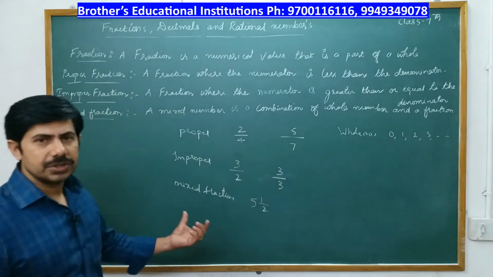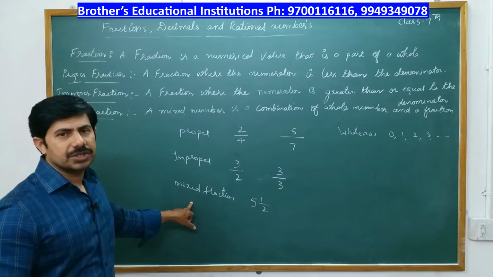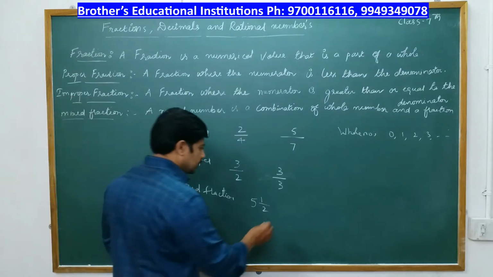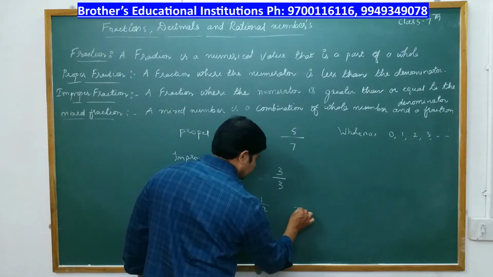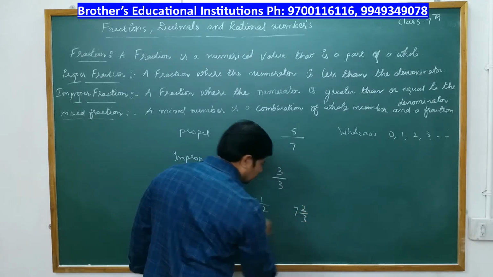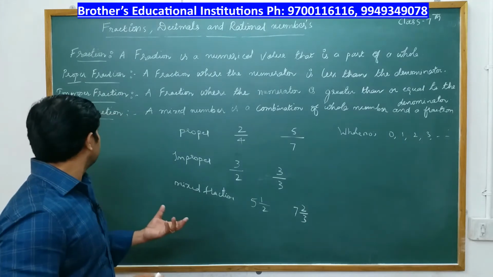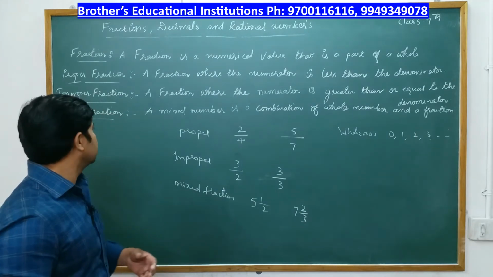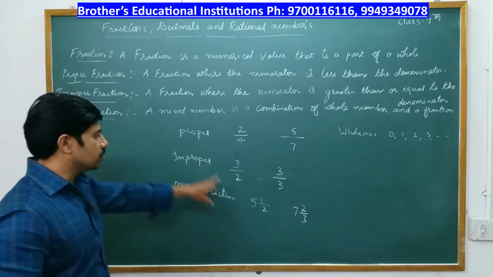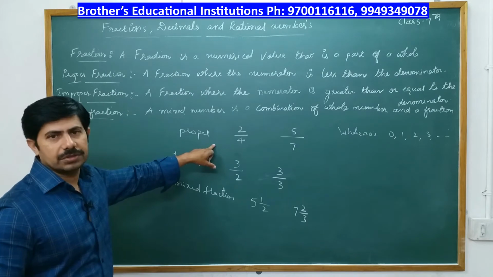The combination of a whole number and a fraction is nothing but a mixed fraction. Like that we can give different examples. Suppose you write 7, then 2 by 3 is a fraction. So the combination of a whole number and a fraction gives the mixed fraction. These are the examples of mixed, improper and proper fractions. Okay, so note down.